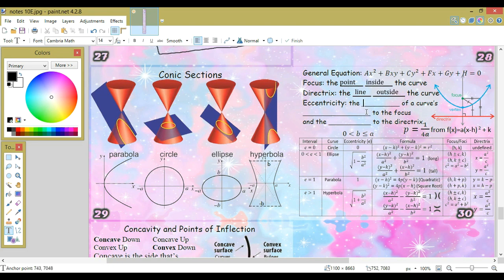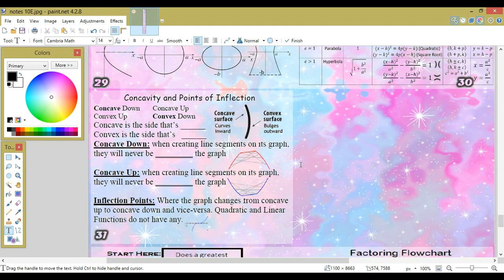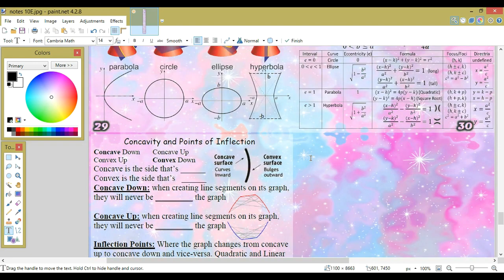The eccentricity is the ratio of a curve's distance to the focus and the distance to the directrix. I use these formulas for reference. These will come in very handy when you get to pre-cal.